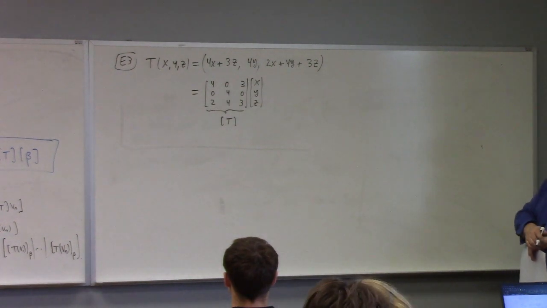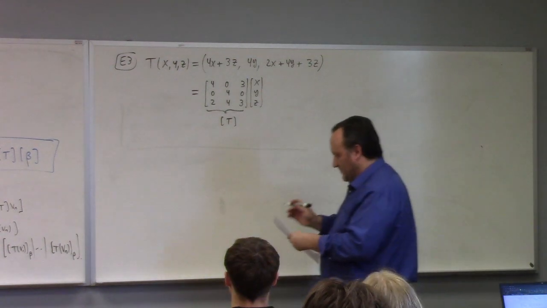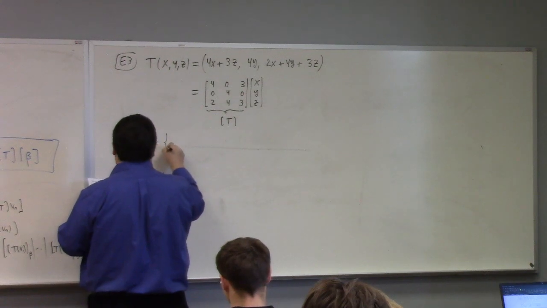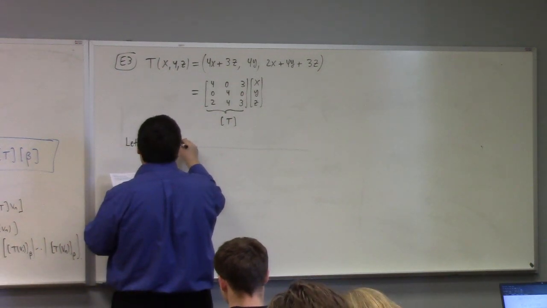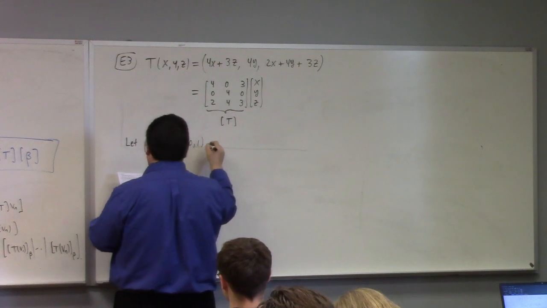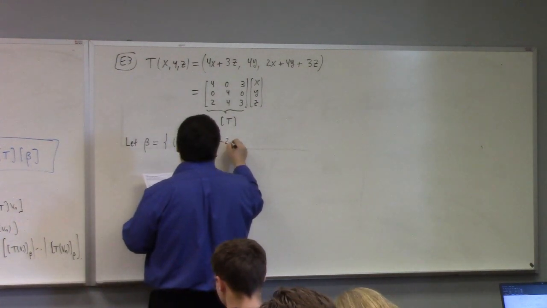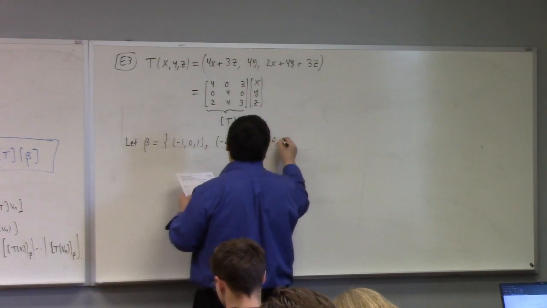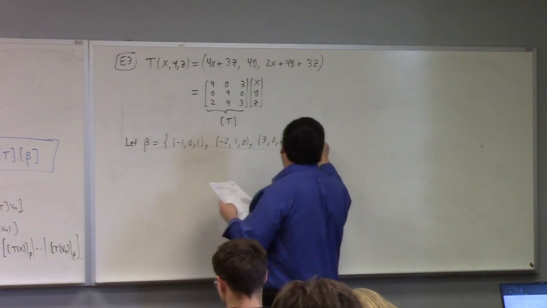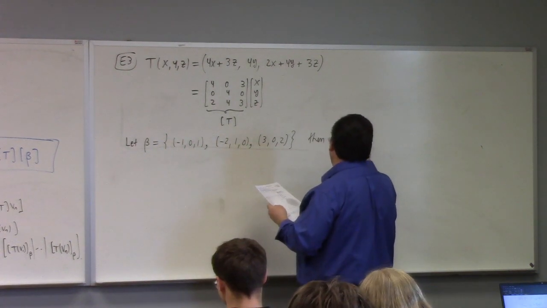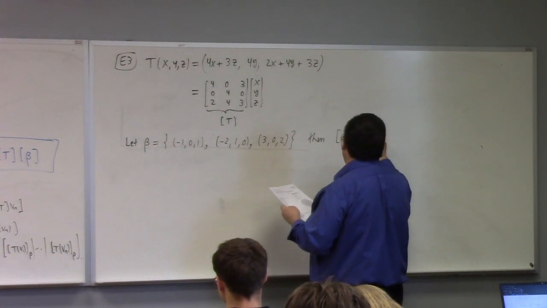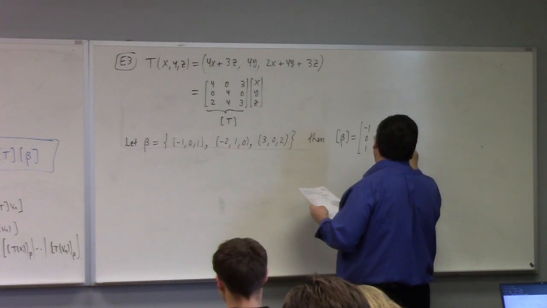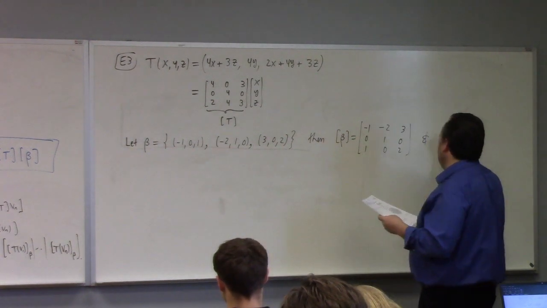However, if we introduce the basis -1, 0, 1, -2, 1, 0, 3, 0, 2, then the basis matrix is -1, 0, 1, -2, 1, 0, 3, 0, 2, and we already calculated the inverse.